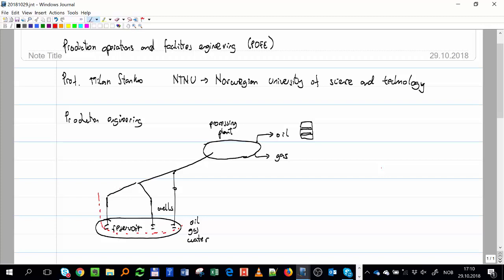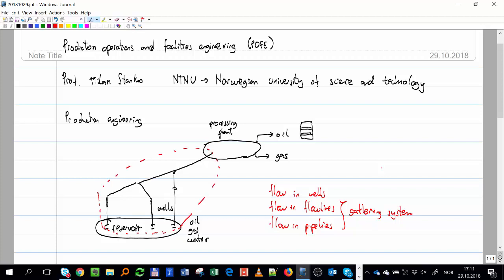Okay? And then we have flow. If we can summarize here, we have flow in wells, flow in flow lines, flow in pipelines, and this we call the gathering system. We are gathering the production from different wells, putting it together to take it to the processing plant.